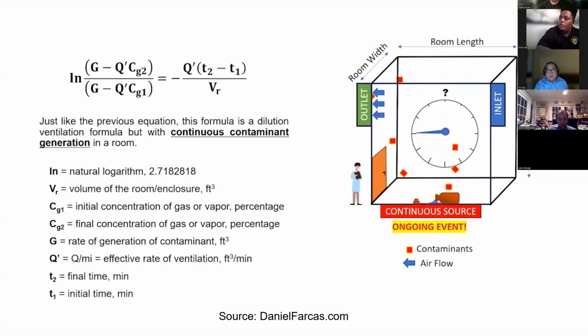Again, we have the natural logarithm, which is 2.7182818. The volume of the room or the enclosure in cubic feet, the initial and the final concentration of gas or vapor as percentage or parts per million, the rate of generation of contaminant, which was not in the previous equation, in cubic feet per minute, the effective rate of ventilation in cubic feet per minute, and the initial and the final time in minutes.